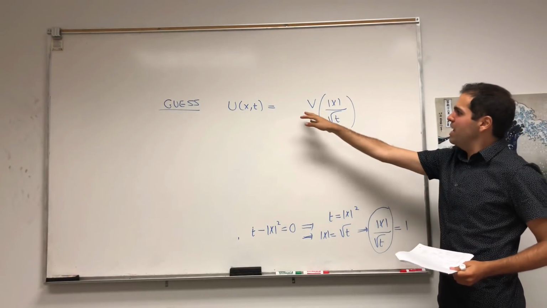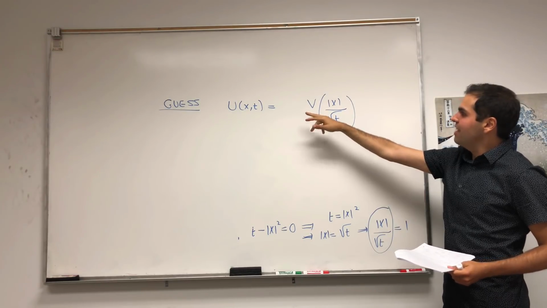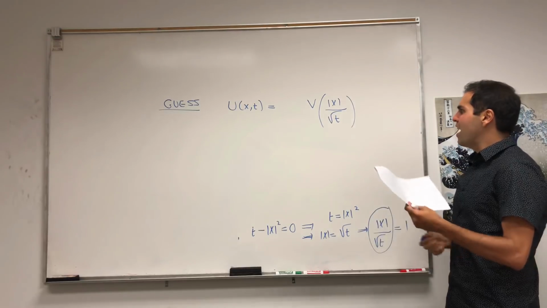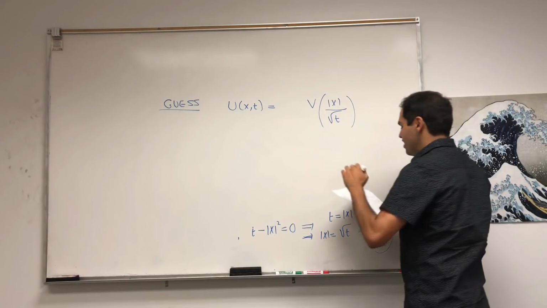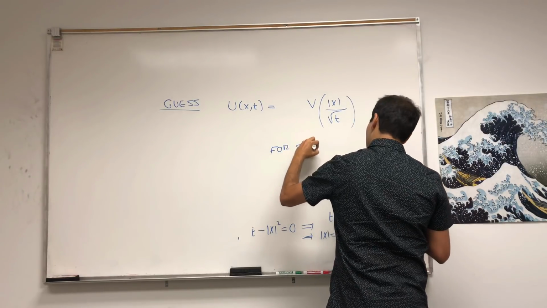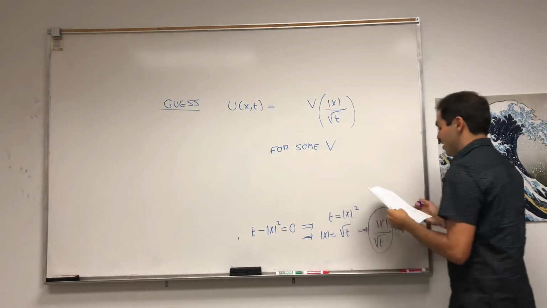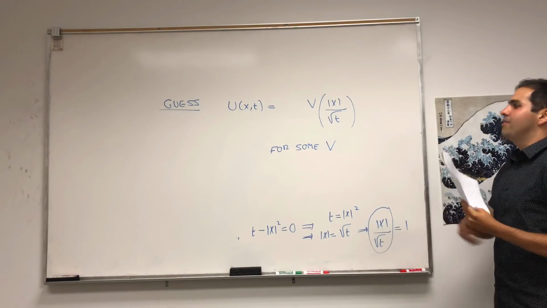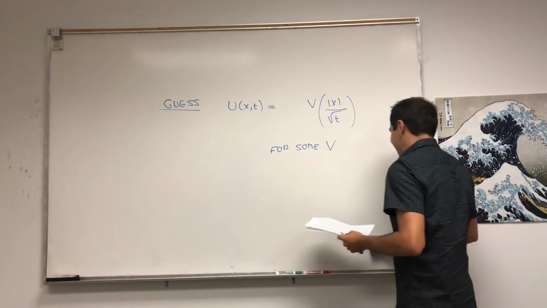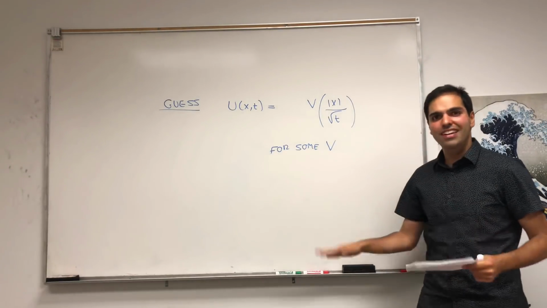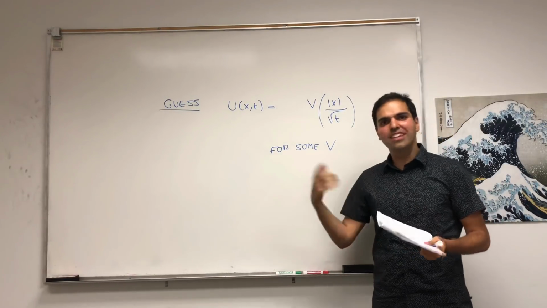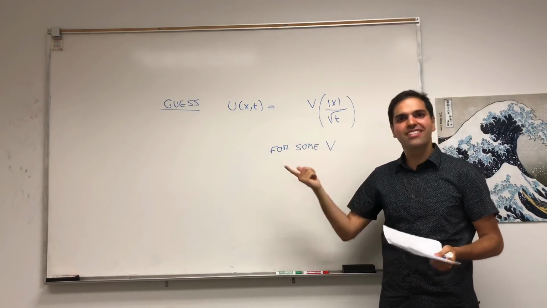So our guess is maybe in this case that u is a function of the absolute value of x divided by the square root of t, for some v. And in fact, you could do this and it would work. It's just it would take 3 times as long.